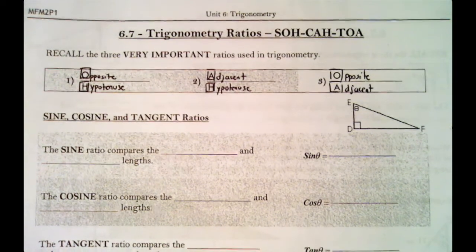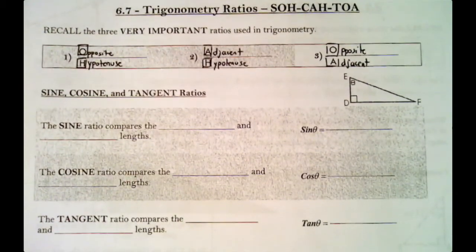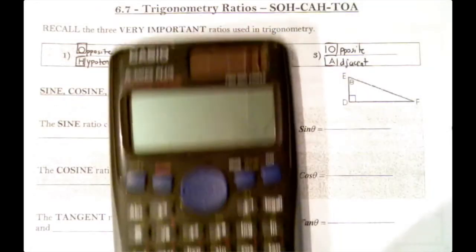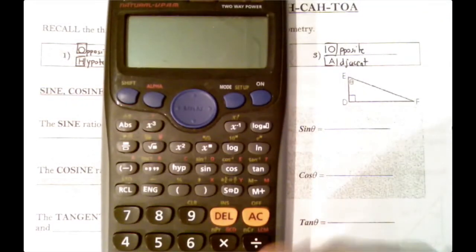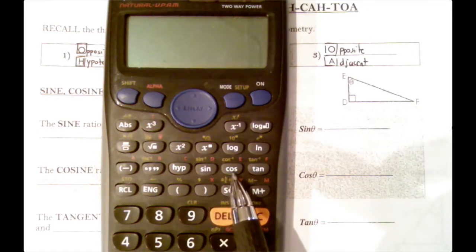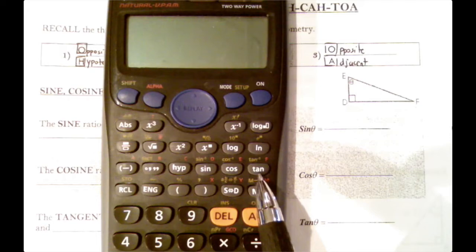So now you get to see what these ratios mean. Well, on your calculator, you may have noticed at some point 3 buttons: sin, cos, tan.